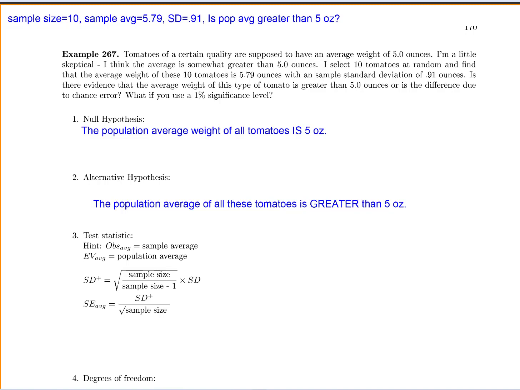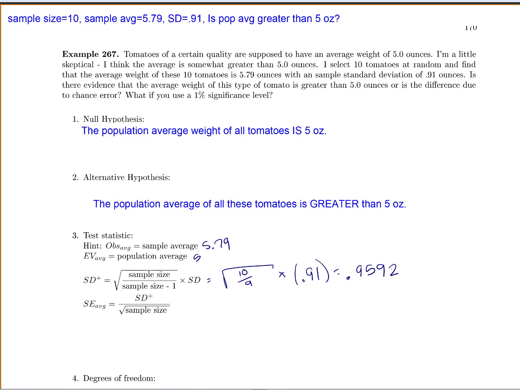Now, preliminary work. The observed average is just equal to your sample average, which is 5.79. The expected value is equal to your population average. We don't know that, but we're assuming the null is true, so we'll go with the null value of 5. SD plus equals the square root of sample size over sample size minus 1. My sample size is 10, so it'll be the square root of 10 over 9 times the standard deviation, which is 0.91. So 10 divided by 9, take the square root of that, times 0.91, gives me 0.9592.